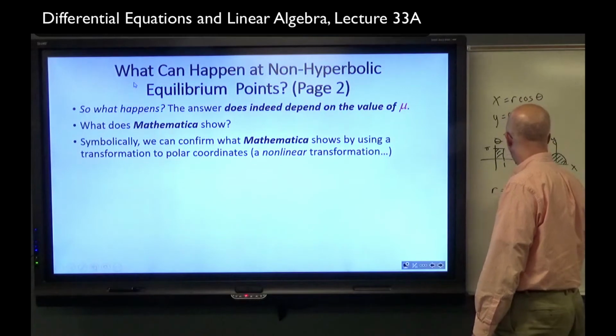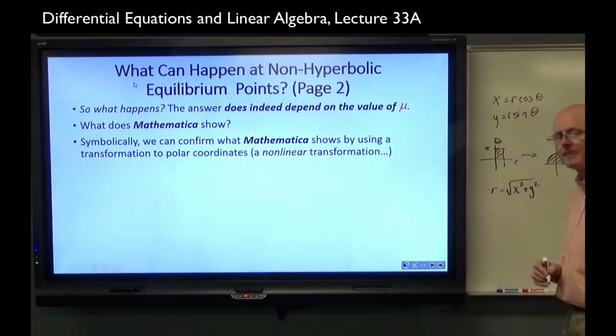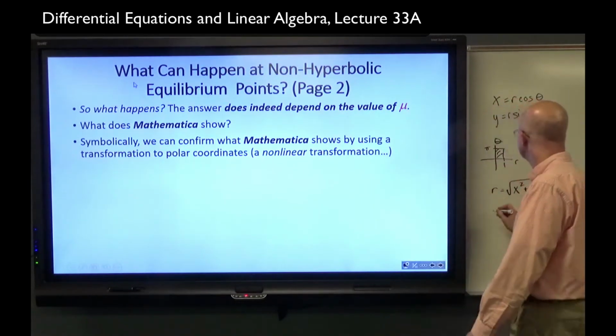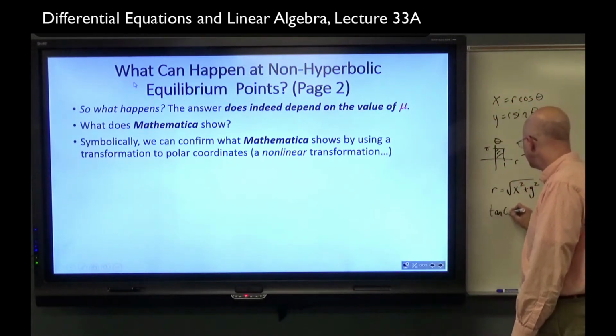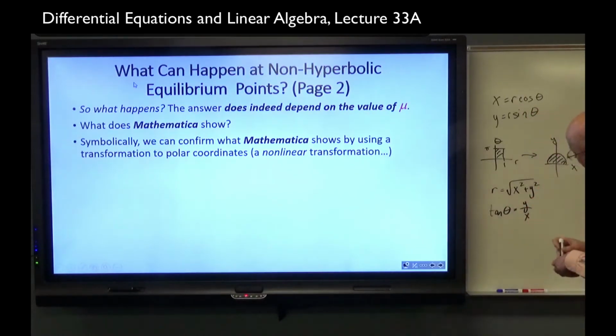You can solve for r as the square root of x squared plus y squared. That's just the Pythagorean theorem. And you can solve for theta, sort of, by using the condition tangent theta is y over x. That will work as long as x is non-zero.